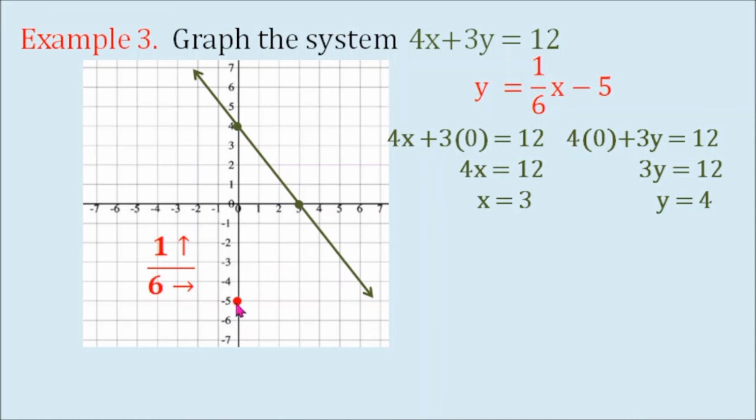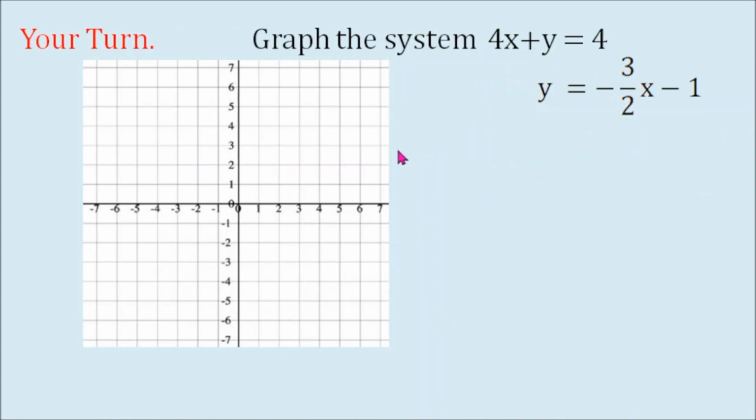So that means from negative 5 here, we go up 1 and go to the right 6 units. So we have another point here. Then connecting these 2 points with a straight line, we have the graph of y equals 1 over 6x minus 5. And these 2 lines meet at this point. The coordinates are (6, -4).